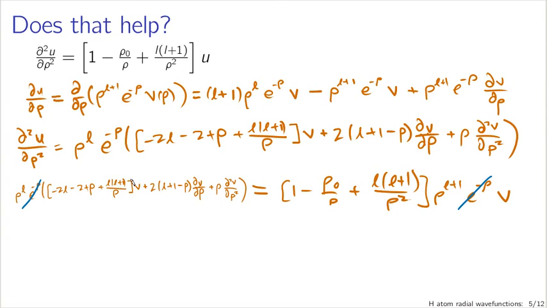These terms, this term and this term, are actually going to be the same. You can see that if you actually expand these things out, but I'm trying to save time and space. So if you actually expand these out, this L plus 1 over rho and this L plus 1 over rho squared end up canceling out because of the way the powers of the rho outside the expressions work out. So that's all well and good also.